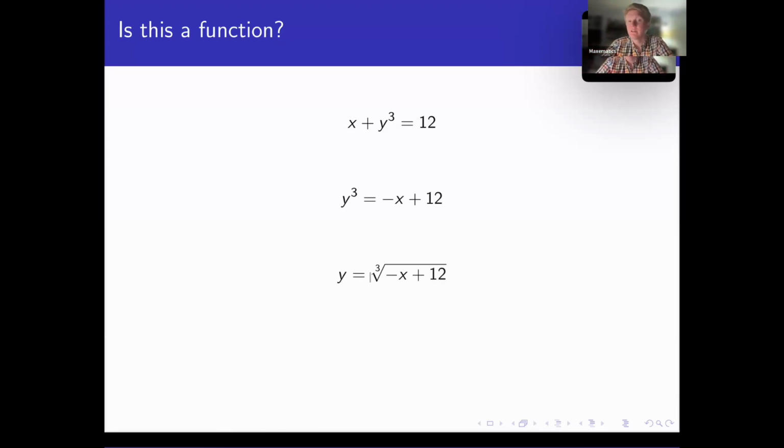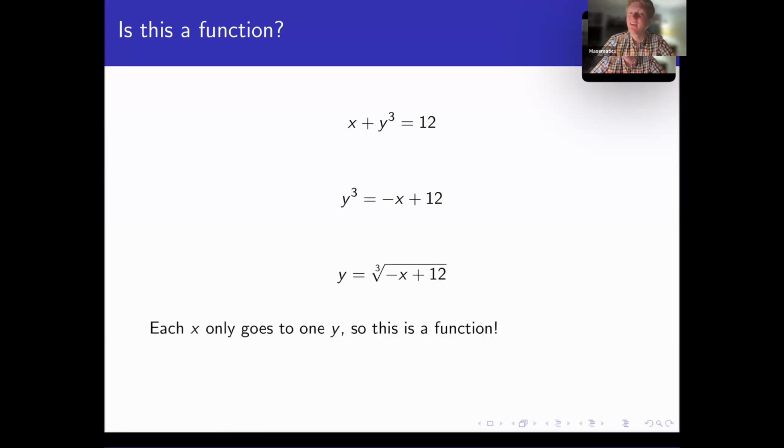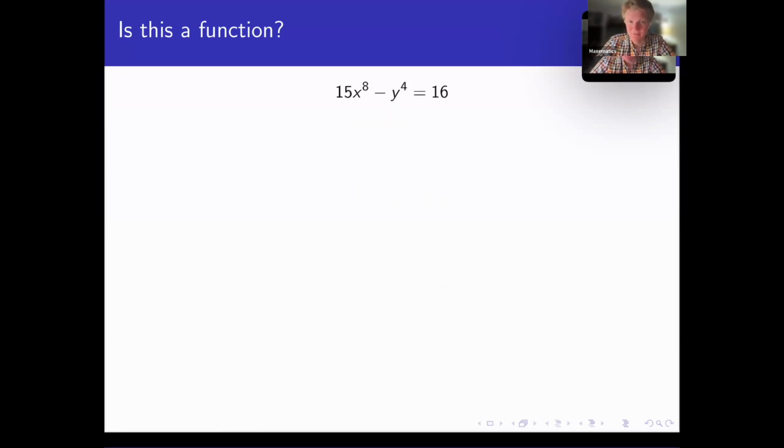Well, you already see we don't have plus and minus this time. So let's plug in x equals 0. Why not? Well, -0 is 0. 0 plus 12 is 12. Cube root of 12, no idea what it is, but the point is we only got one answer back. So one x goes to one y. This is a function. All right, just moving up the ladder, let's say y to the fourth.